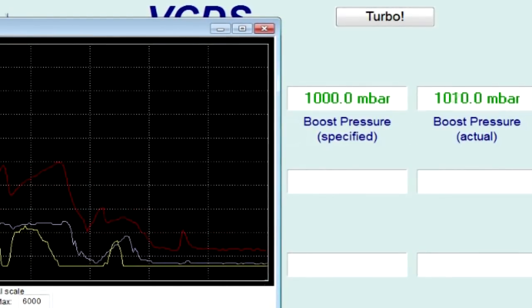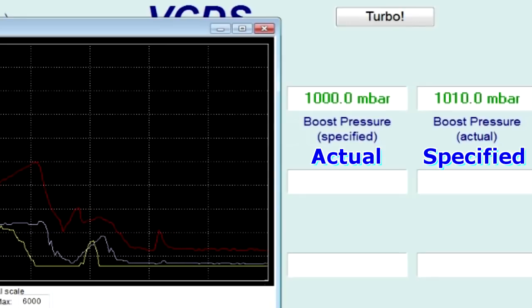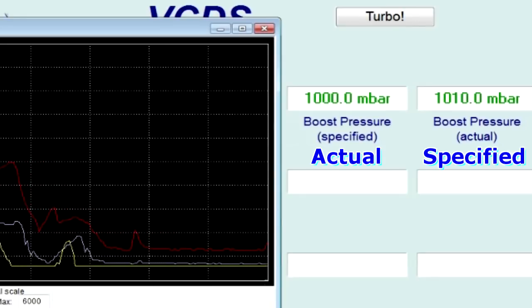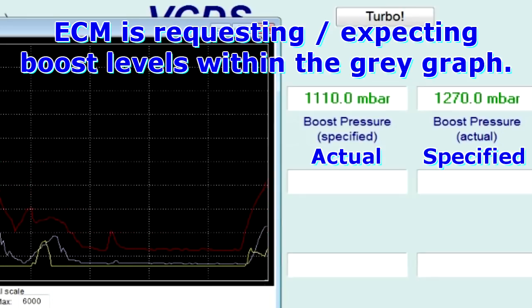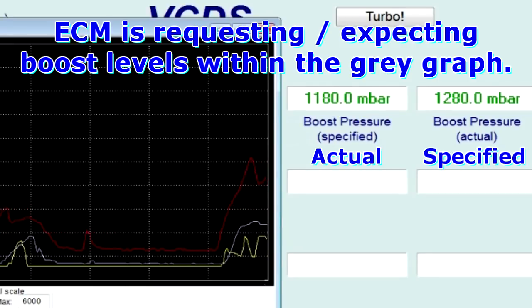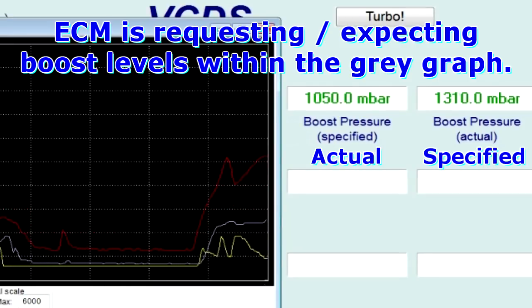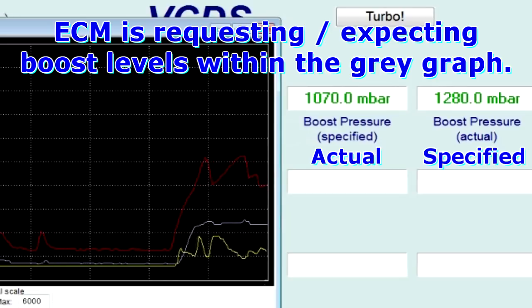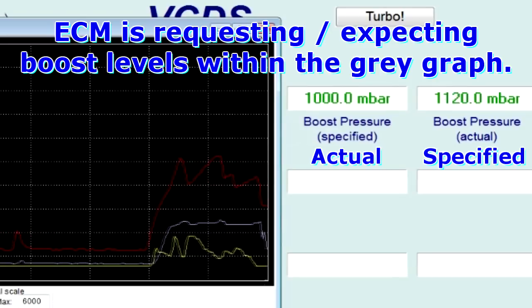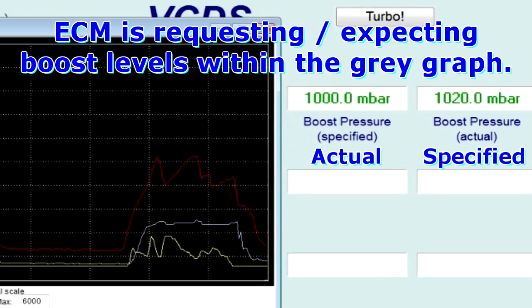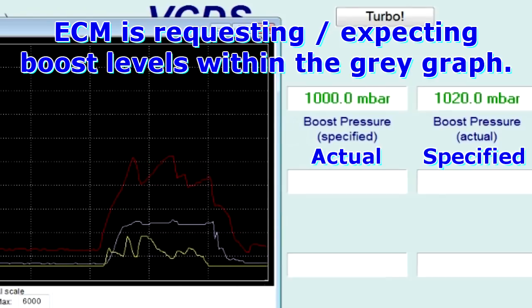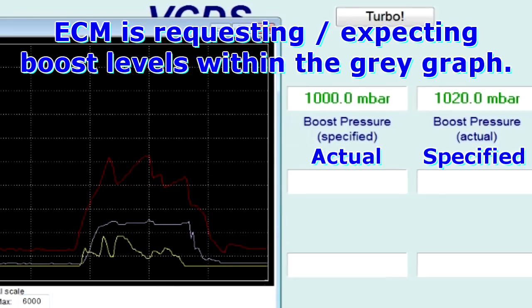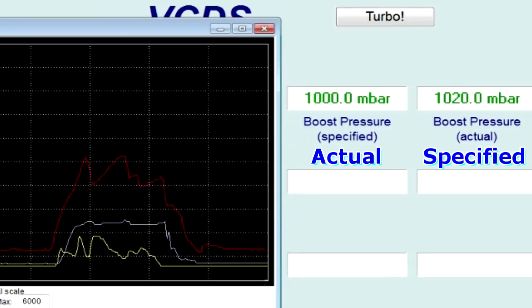Just gotta wait for traffic, sorry. So you can see the gray, as I'm accelerating, the ECM is holding boost. It's asking for X amount of boost because of my throttle position input.